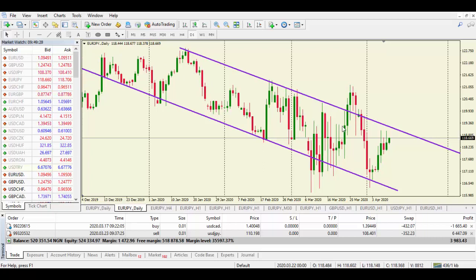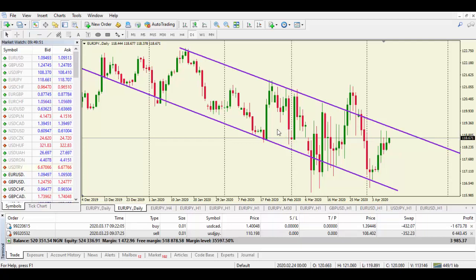The analysis we are considering is technical analysis, which is price analysis, and the price is just going downward. That simply means the big players using the daily time frame are looking at a downward trend. So EURJPY is still on a downward trend.